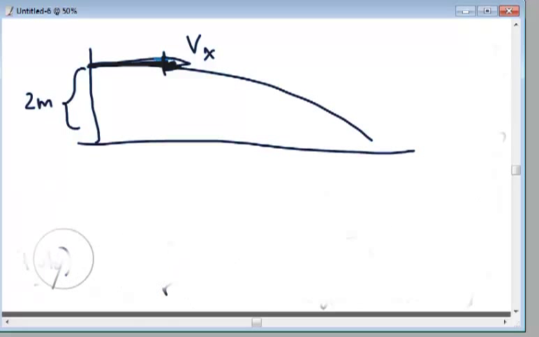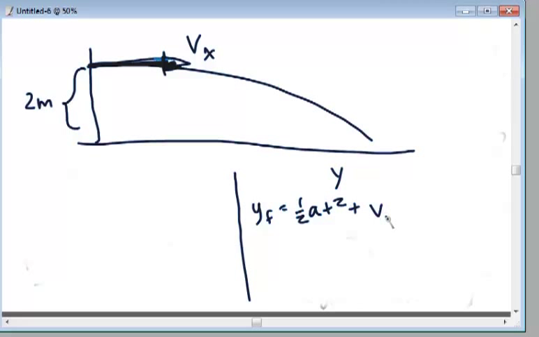So for our y equation, we'll use the standard equation here. Let's break this up into x and y thinking. In the y direction, we can say y final equals 1/2 a t squared plus v initial in the y direction times time plus y initial. If we set our coordinate system, we can do it anywhere, but we'll do it at the release. So we'll call this our xy origin.